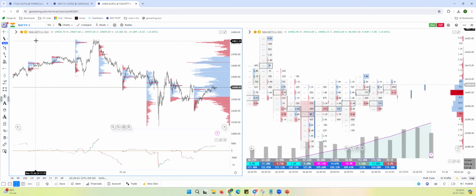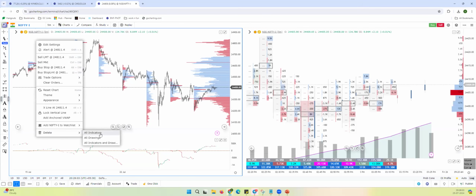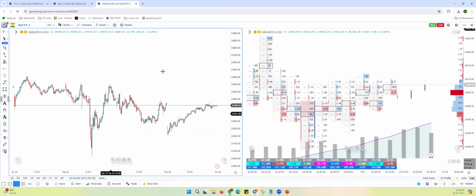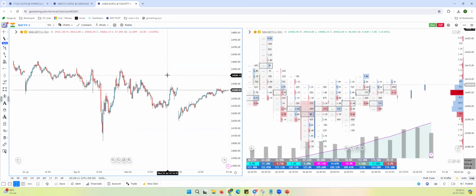So we'll delete all drawings and delete all indicators, so it's just the plain chart that you see. Yes, I'll discuss this IOC thing, Manish. So what you see here is the plain chart that you have, right?